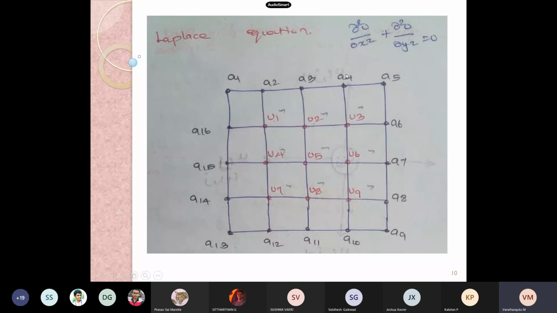Here a1, a2, a3, a4, a5. It continues till a16. Our interest is to find the intermediate points, that is u1, u2, u3. Let these boundaries be the laminas of one particular temperature problem, the atmospheric temperature or the surrounding temperature, so the boundary temperatures would be a1 to a16.